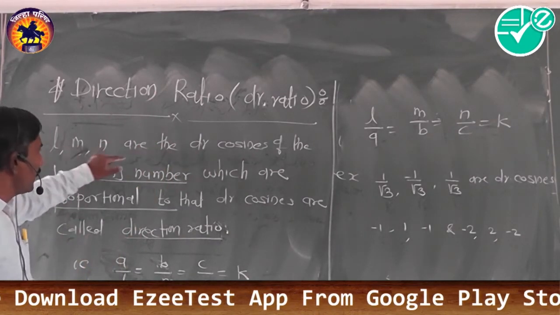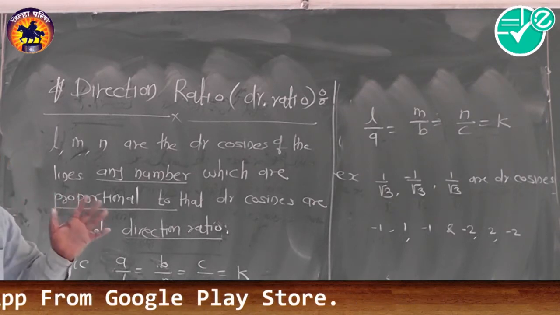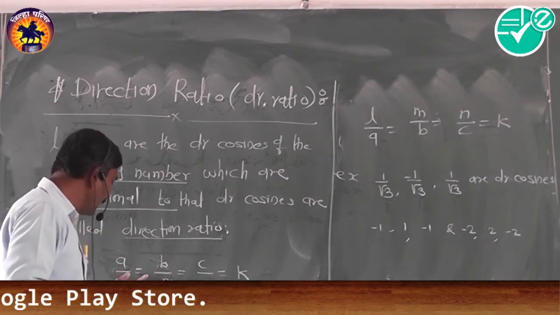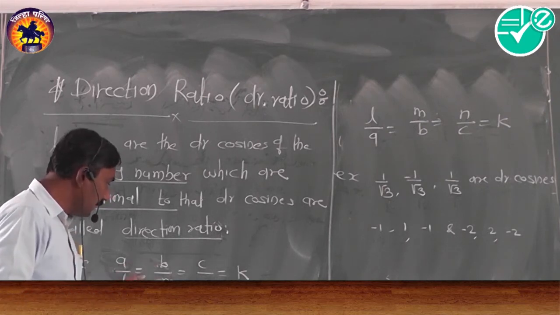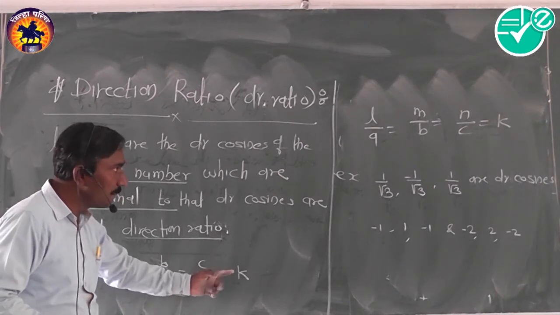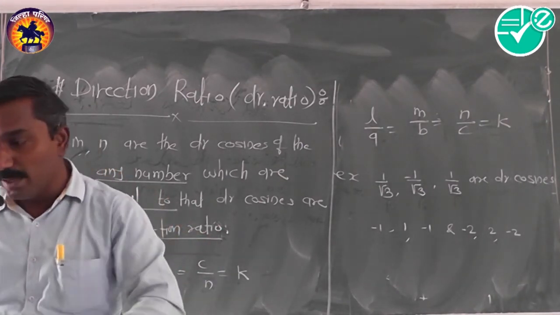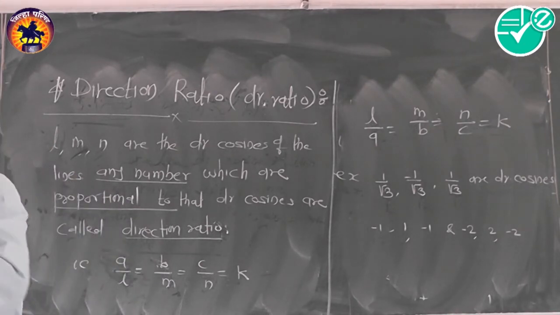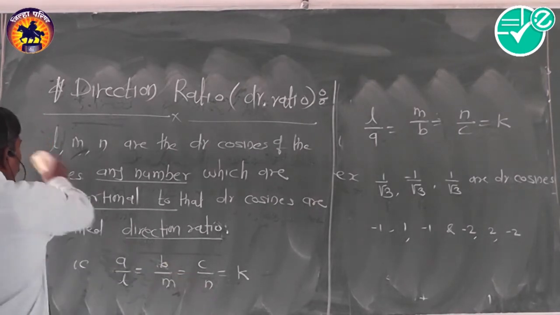Means L, M, N are direction cosines of the line. Then numbers proportional to L, M, N, that is A divided by L, B divided by M, C divided by N is equal to K, then A, B, C are called the direction ratios of the line. Now, from this we see the remarks.